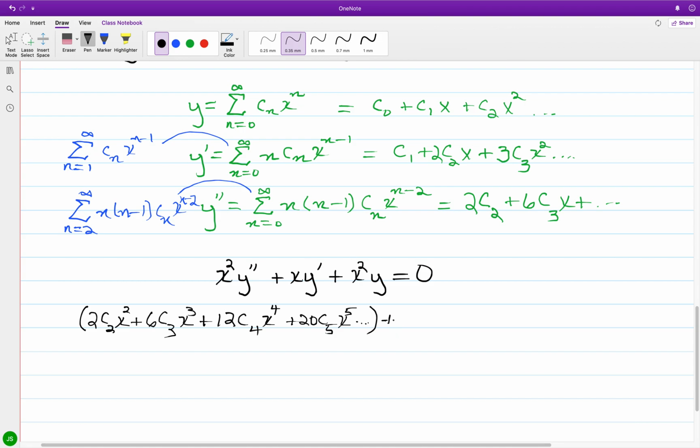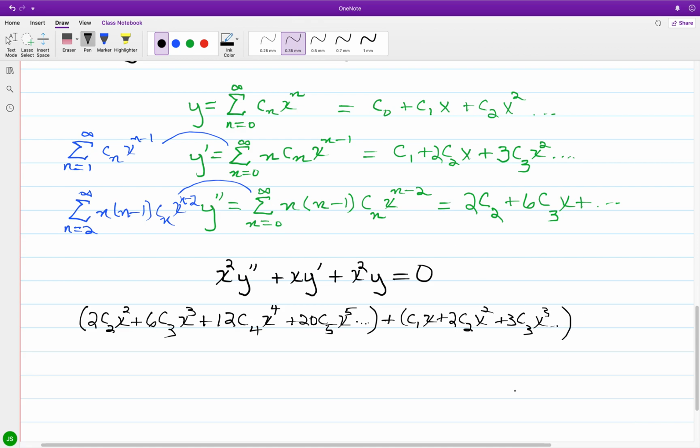And for x times y prime, we can say that in the mix, you have c1x plus 2c2x squared plus 3c3x cubed.